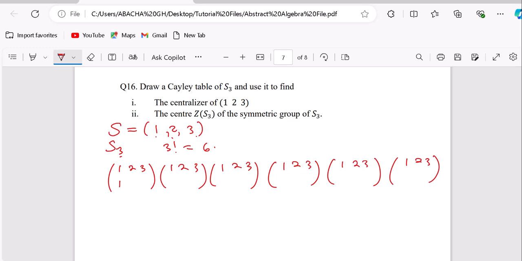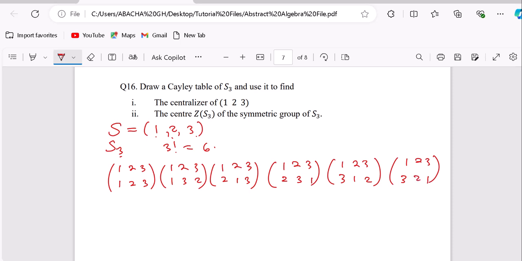So the first element will just be 1, 2, 3, that's the identity element, which is always simple. Now the next one will be 1, 3, 2. Then you can take 2, 1, 3, and then 2, 3, 1. Then 3, 1, 2, and 3, 2, 1, like this.